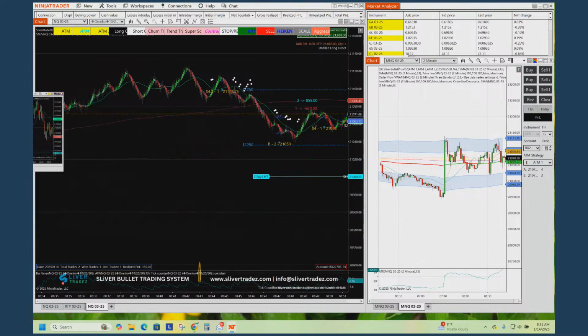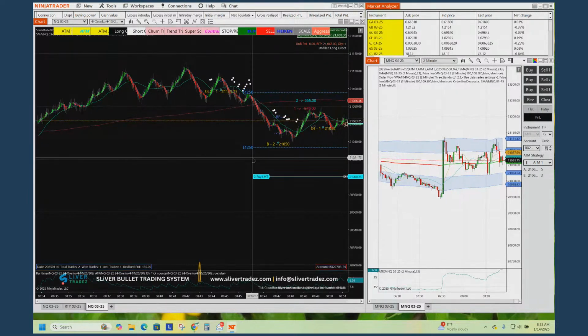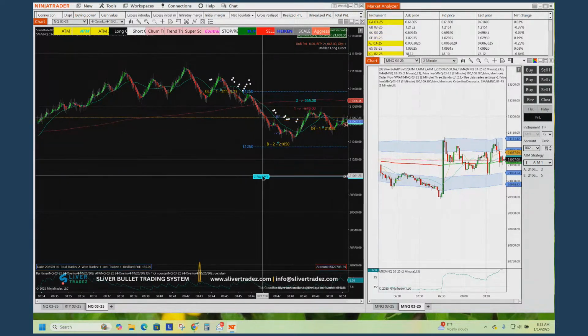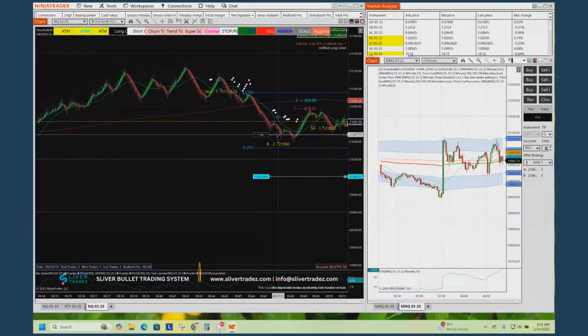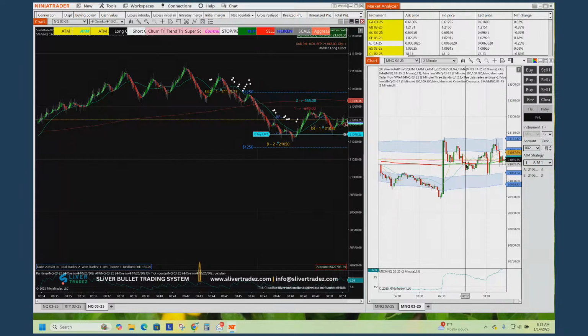So Target filled. Okay, I'm closed. I'm happy. So now I can do what I want with this trade. I can cancel it or move it here, which is not a bad position.